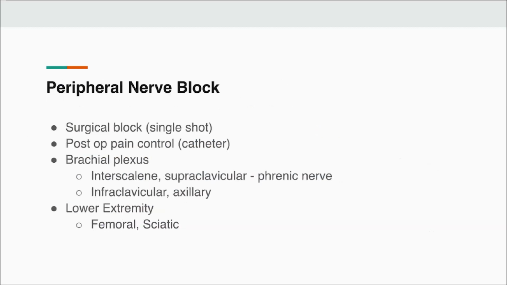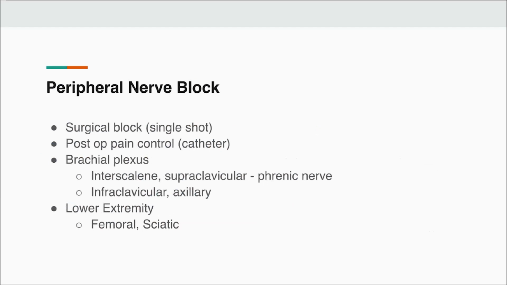Next is a peripheral nerve block, and these again can be used as surgical blocks, so a single shot, or for post-op pain control, which is a catheter left in that space. Upper extremity, we may do a brachial plexus block, which includes an interscalene or a supraclavicular block, which gives anesthetic to potentially the shoulder or the upper arm.